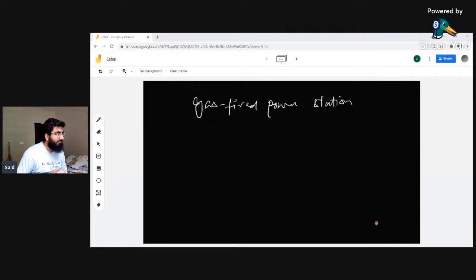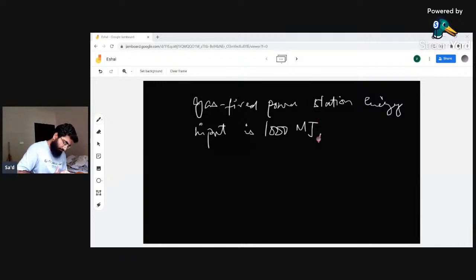Gas-fired power station: energy input 1000 megajoules, energy output is 300 megajoules.